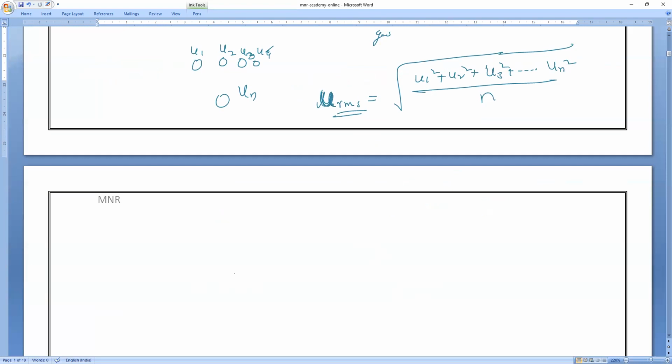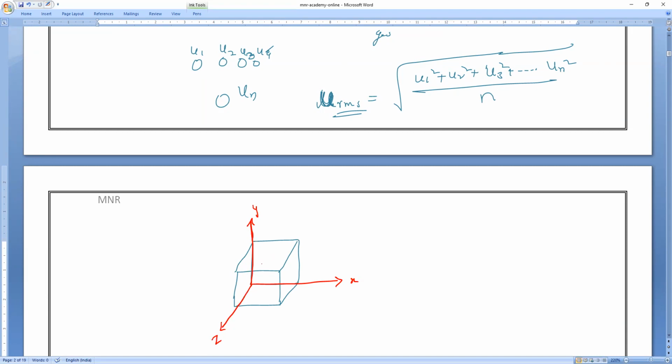So let me consider there is a big container. All of you draw a big container filled with gas. It has three axes: this axis is the X axis, this is the Y axis, and this is the Z axis.